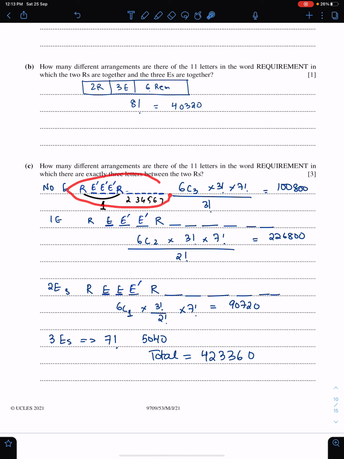Altogether we have 7 objects, so we can arrange them in 7 factorial ways. And here we have 3 E's, so we need to divide this result by 3 factorial. This 3 factorial is for these 3 E's.